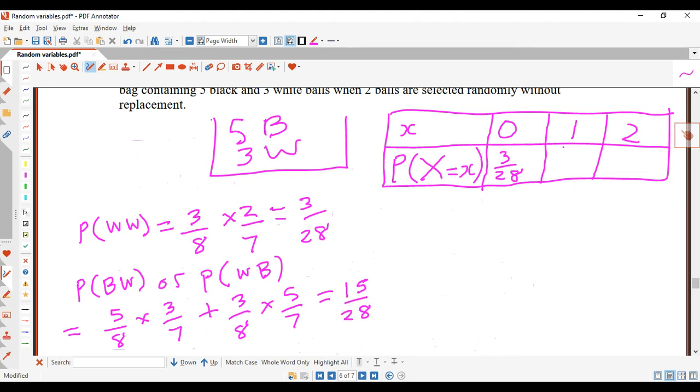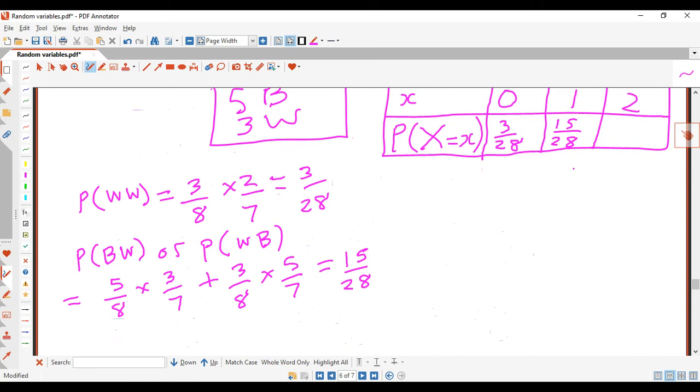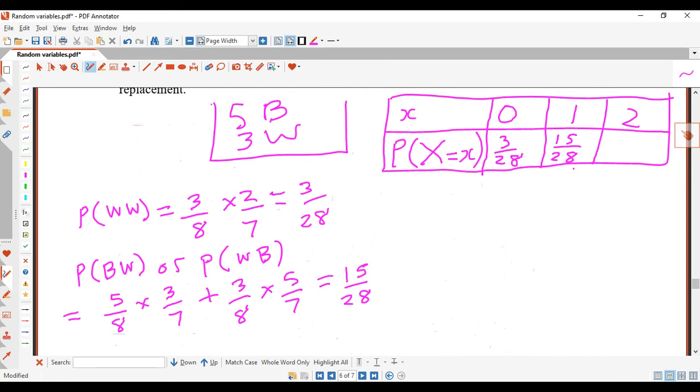So that goes here, 15/28. Now, what's the other option? 2 blacks. I've got space to do that here. So probability of black and then black on the second selection.